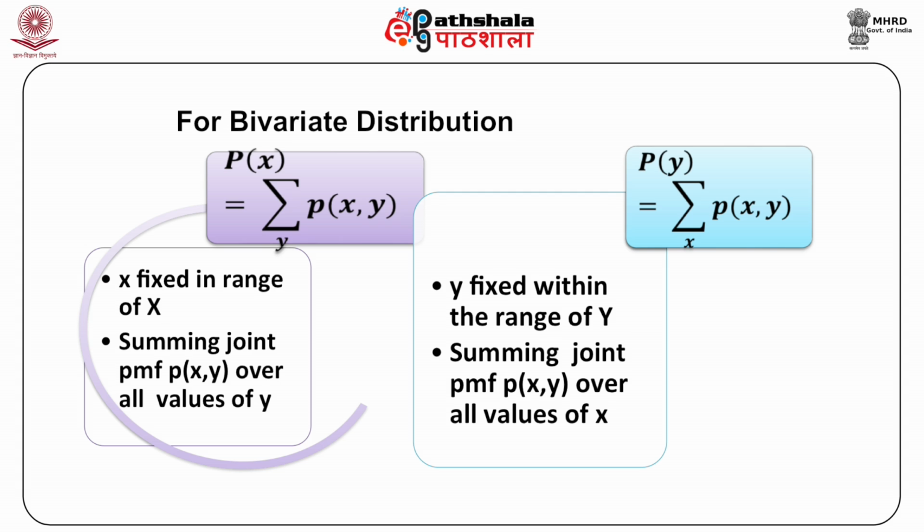In case of a bivariate distribution, when x and y are jointly discrete random variables, the marginal probability mass functions pX and pY are: pX(x) is equal to the sum over y of p(x,y), keeping x fixed within the range of x and summing the joint pmf p(x,y) over all possible values of y. Similarly, pY(y) is equal to the summation over x of p(x,y), keeping y fixed within the range of y and summing the joint pmf p(x,y) over all possible values of x.